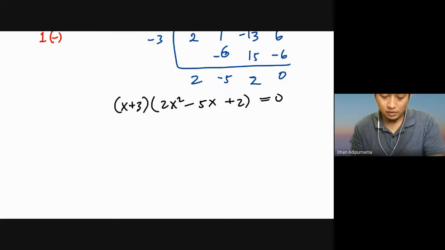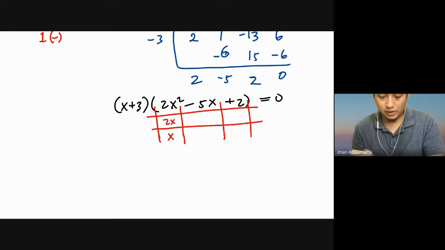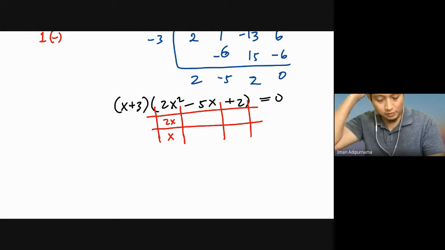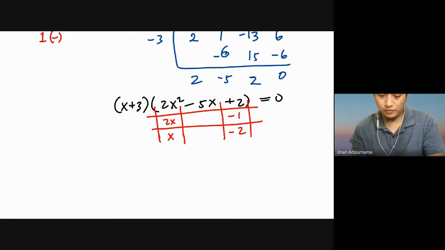Okay, so can we factorize? Let's check. We need to have negative 5 when adding, so it should be negative 1, negative 4. So negative 4, negative 1, that's negative 5.